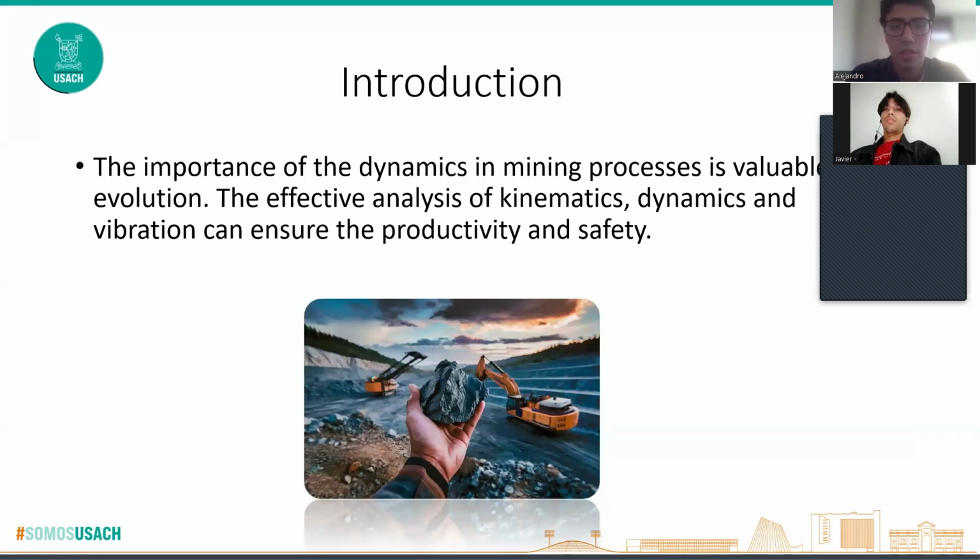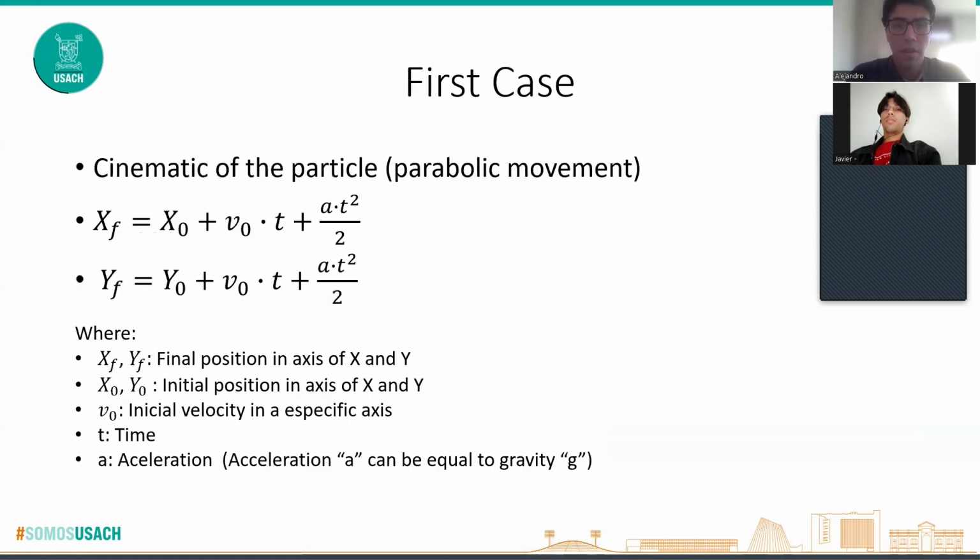Well, for the first case, we have the kinematics of the particle, with a parabolic movement. Then we have these two expressions. First of all, we have x_f equal to x_0 plus the velocity times time plus the acceleration times time squared divided by 2.